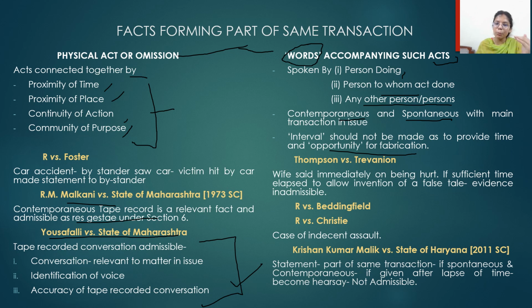It was held important under the doctrine of res gestae because there was no time lapse given for invention of a false tale. Only such evidence in which a time period is given and there is a probability that a false tale can be invented in that time phase would be inadmissible.